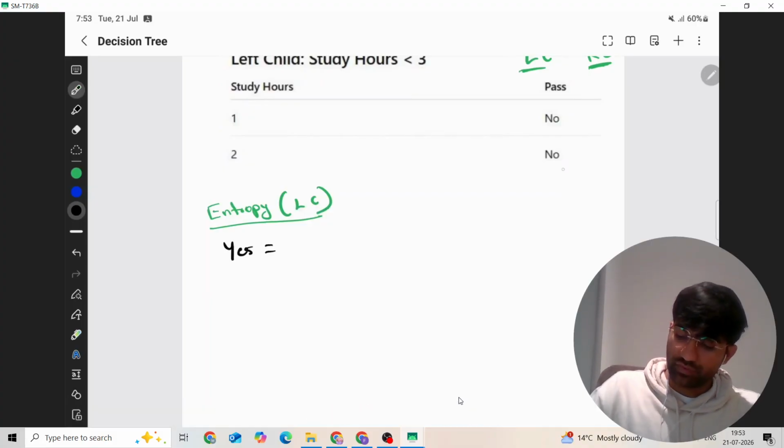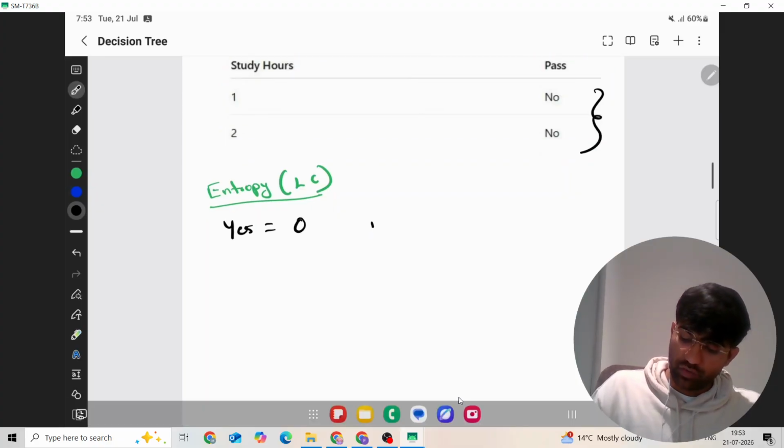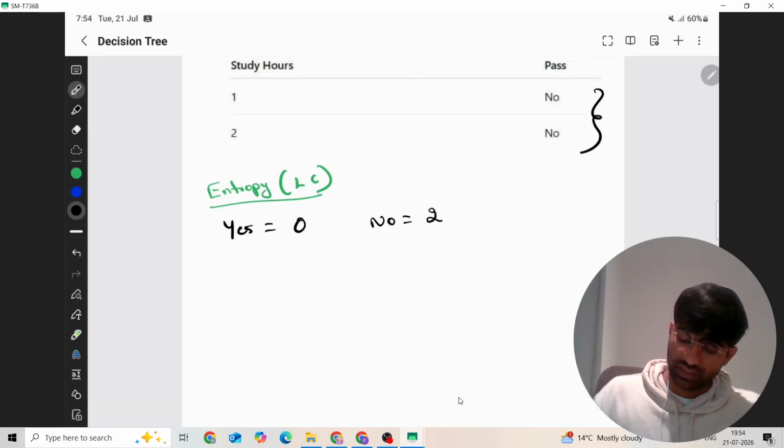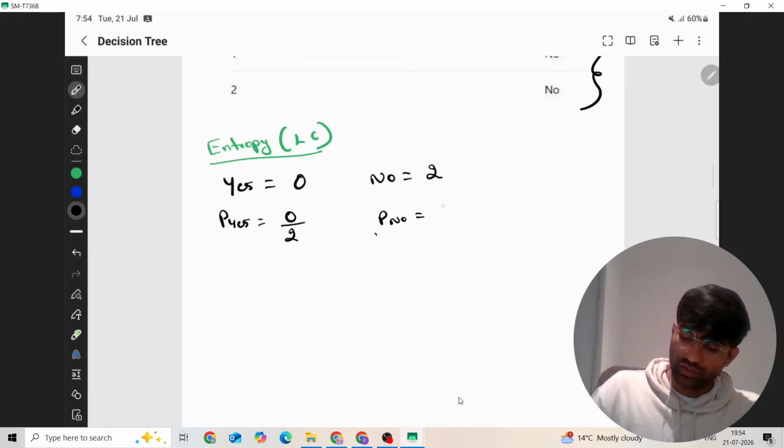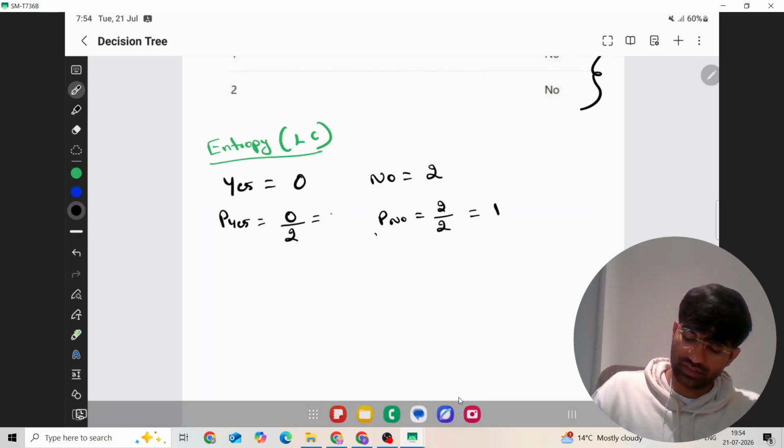We don't have any yes in the data, that is 0. And how many are no? 2 are no. Then what is the probability of yes? 0 by 2. What is the probability of no? 2 by 2, that is 1.